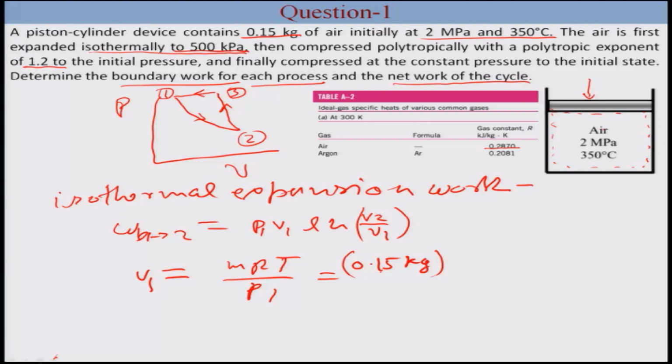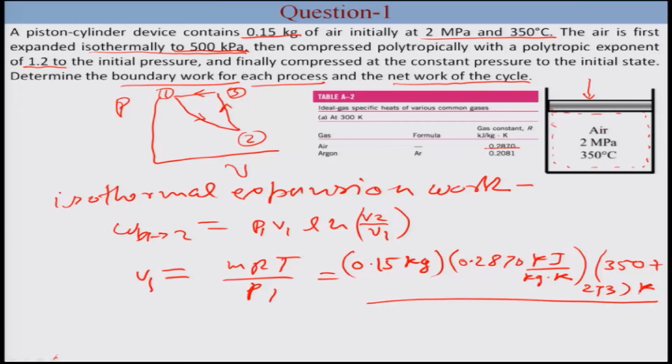The gas constant can be taken from the table, which is 0.2870 kilojoule per kg Kelvin, and temperature is 350 plus 273 Kelvin, divided by the pressure, which is 2000 kilopascal.